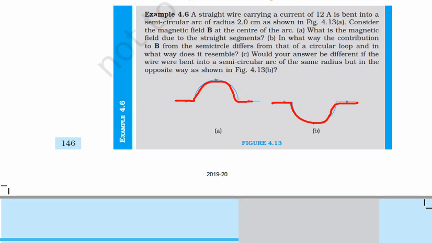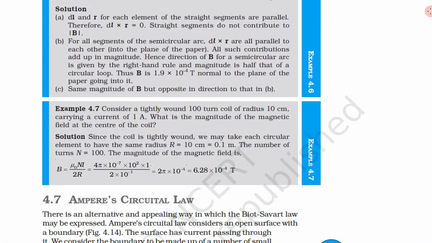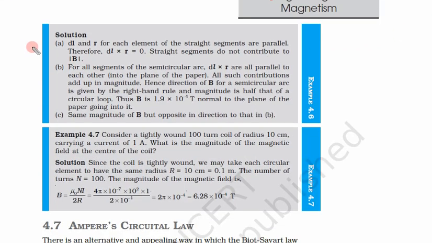Okay, so we have to solve this. Now in the first case, dl and r for each segment of the straight wire are parallel. So we have a loop like this, and this is dl, this is also dl.